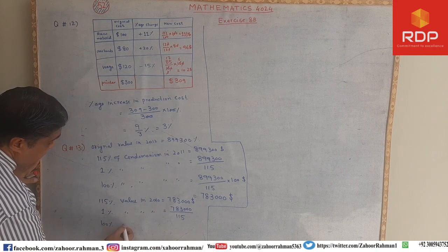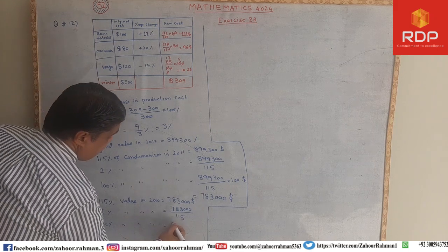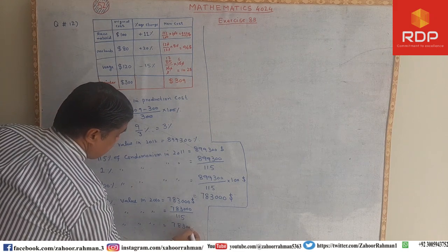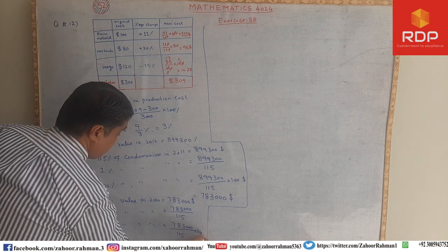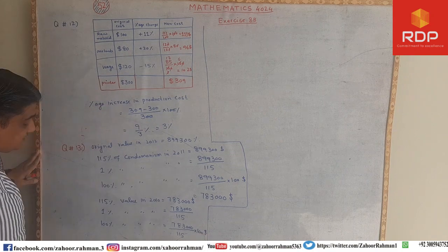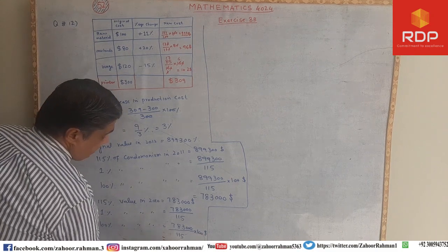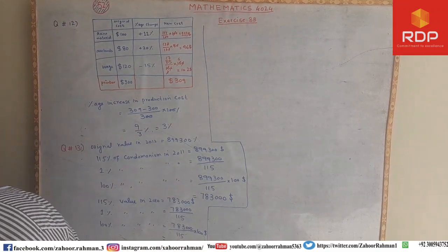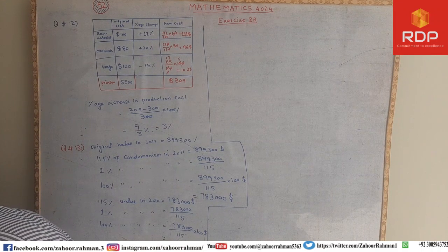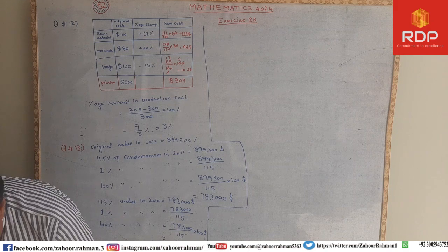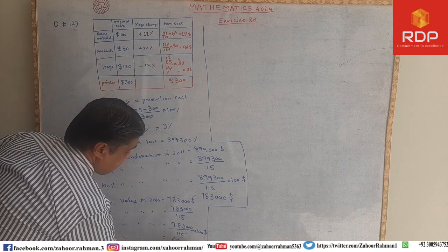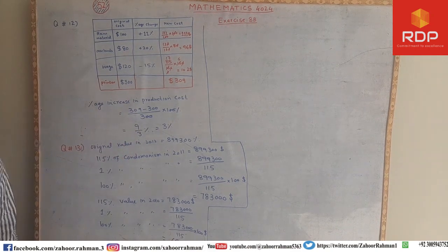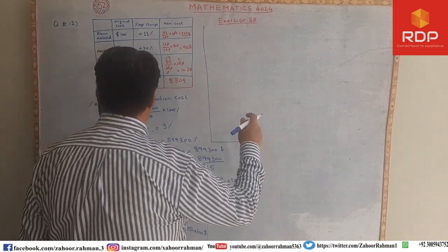So 100% value will be the original price of this condominium in 2010, and that is what the question is asking. That will be the original value. So here, $680,000 will be the value of this condominium.